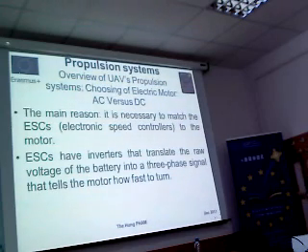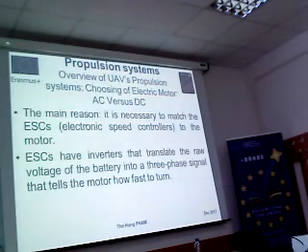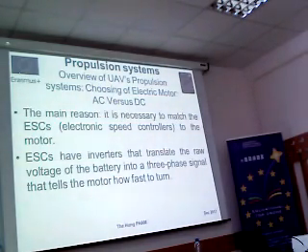So you see, if we want to use AC for the brushless DC motor, we need to change from DC to AC. If we want to use AC for the rotor, it will be more complicated for the controller. So we need the AC.